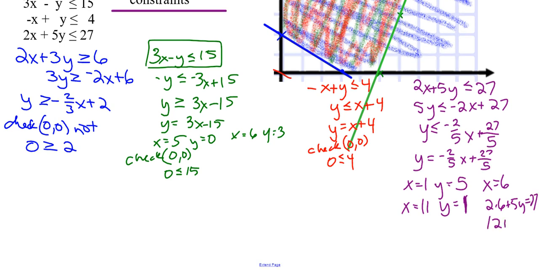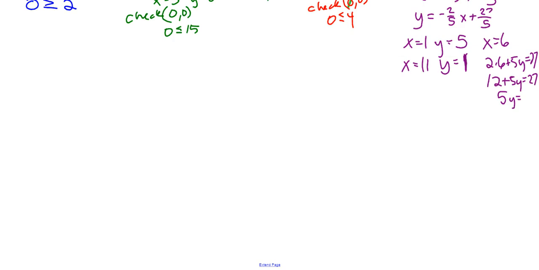And then 12 plus 5y equals 27. Subtract 12, 5y equals, I'm kind of down in the corner here. Let me go up a little higher. 27 minus 12 is 15. Y equals 3. So that gives me a better point, 6, 3.